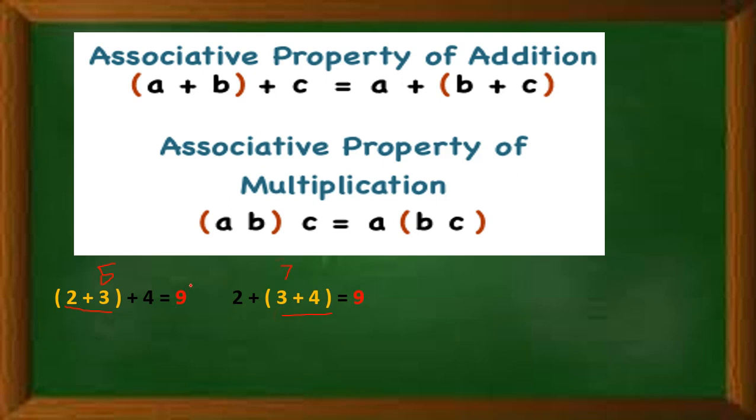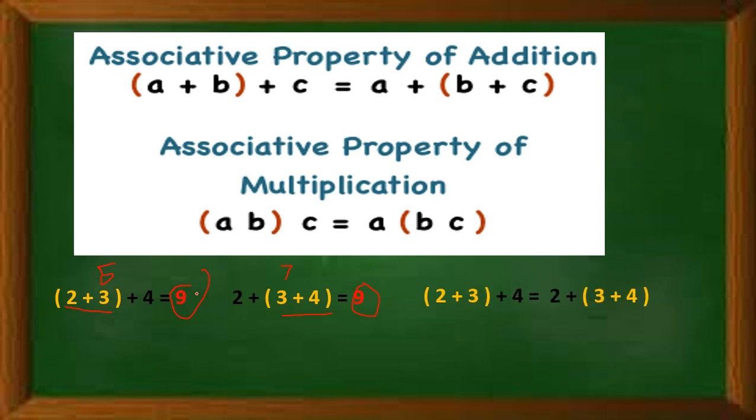The important thing is that the process of addition of the numbers is different, but the sum is still the same, 9. So we can say 2 plus 3, then plus 4, is equal to 2 plus 3 plus 4.